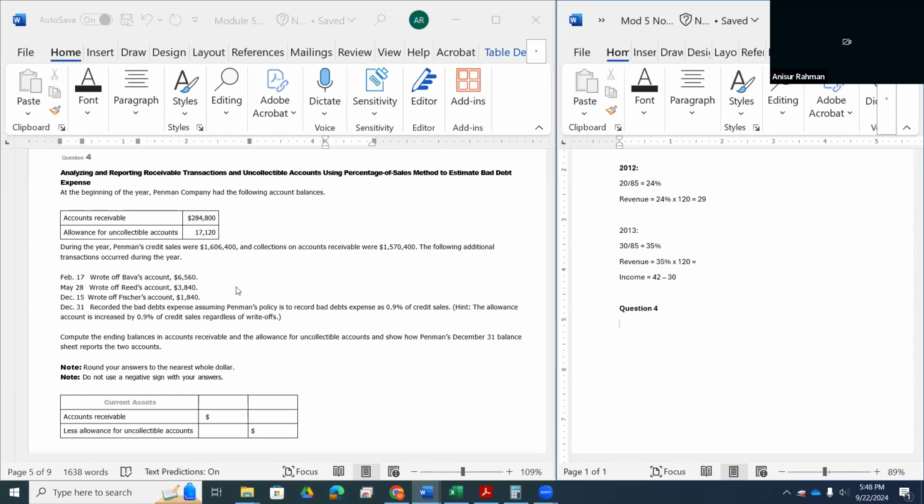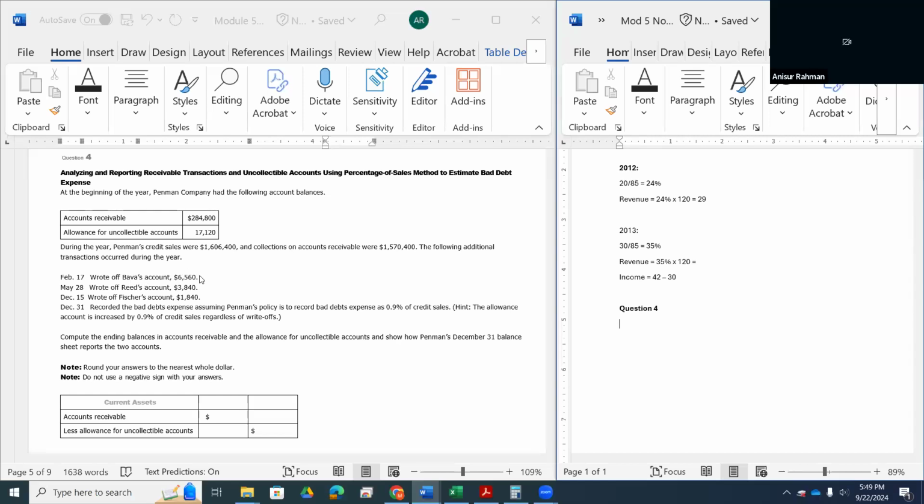Write-off basically happens when the company is certain it will not be able to collect a particular sum of amount from a particular client. In this case, on February 17, the company became sure that it will not be able to collect this much, 6,560, from its customer Boba.